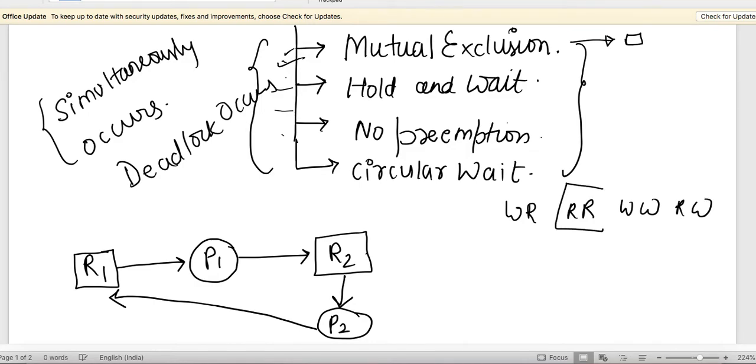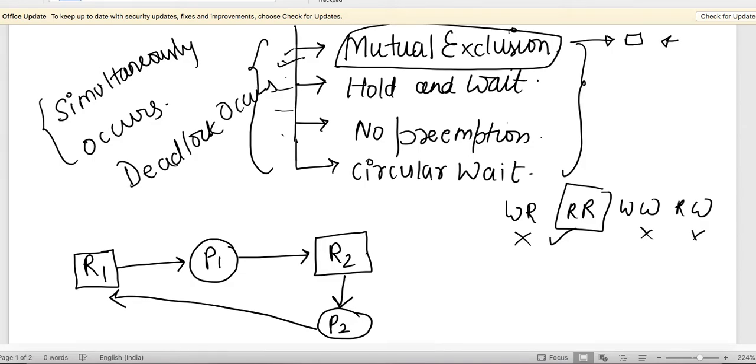So the read-read is allowed with different processes also, but the others are not allowed because it will create the update problem. So on the basis of this we can say what mutual exclusion is. Mutual exclusion says that a resource has to be allocated to only one process, or it will be freely available. It should not be allocated to more than one process at any point of time.